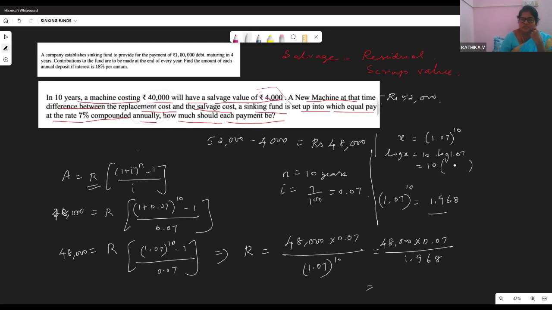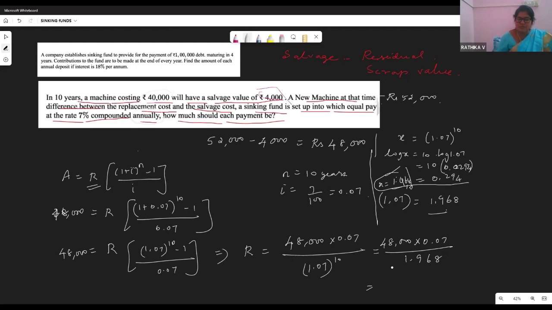This is 0.0294, and so you get 0.294, and from this anti-log is to be taken. So x is equal to the anti-log of this value. From the log table you will get exactly 1.968. The same answer from the calculator you can get from the log table also. In case it is not provided, we have to use the log table.